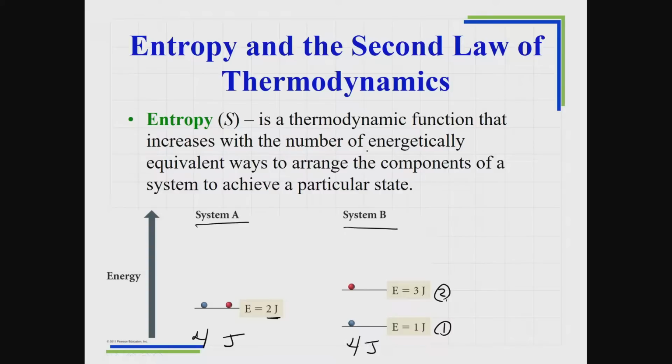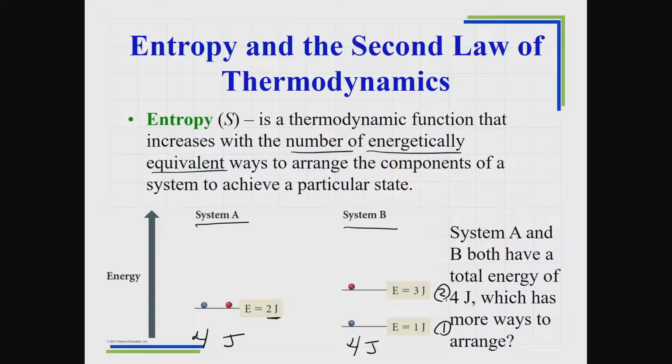So, are they energy equivalent? Well, yes, but these are 2 different systems. Now we're going to consider the number of energetically equivalent ways to arrange it. If you look at system B here, okay? System A, you can only have what you have, but in system B, are there more ways that you could arrange those in order to come up with 4 joules?